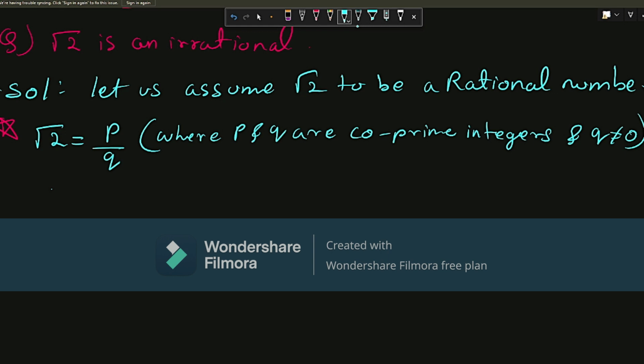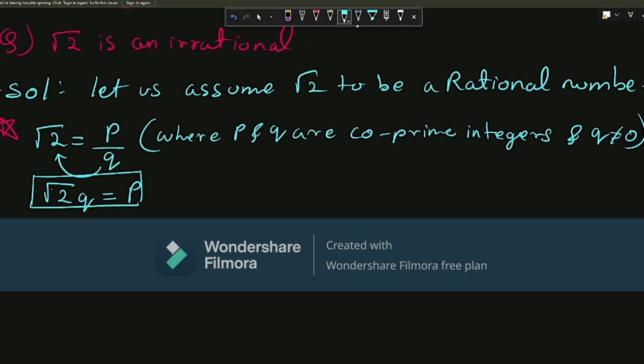So now what we'll do here is shift q to the LHS. So it will be root 2 q equal to p. Draw a box over here if you can, so it will be highlighted to the examiner who will check your paper.